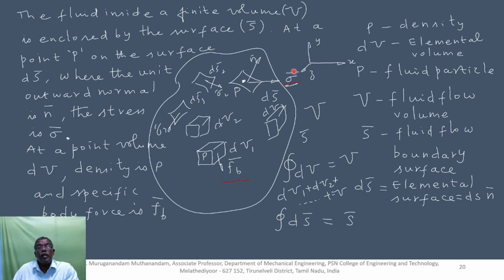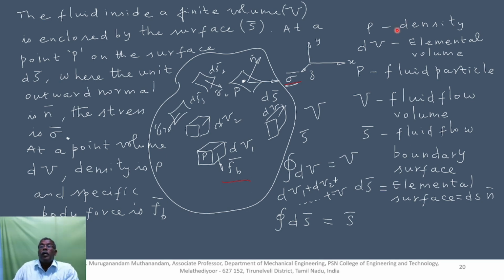This is the first kind of force, the force experienced by the fluid particle on its surface. At a point volume, which has a volume dV, the density is rho and the specific body force is Fb. This is the second kind of force which acts upon the fluid particle.